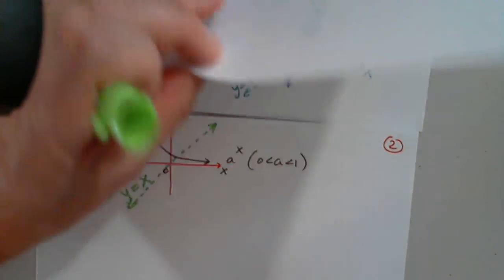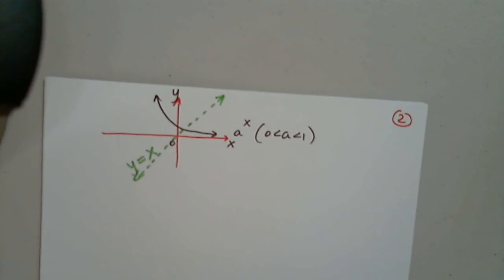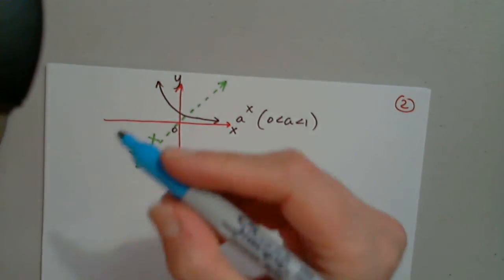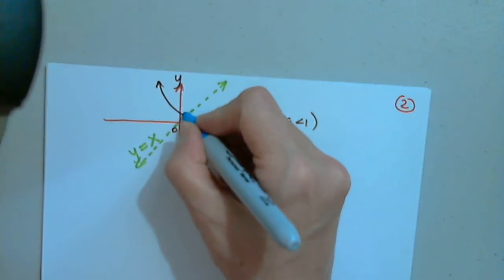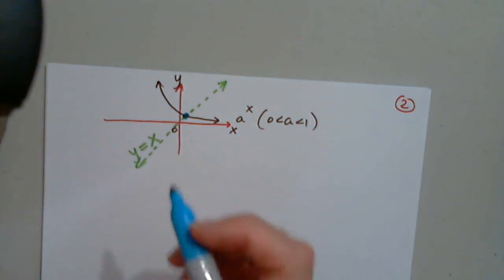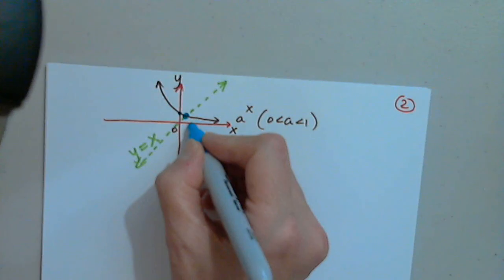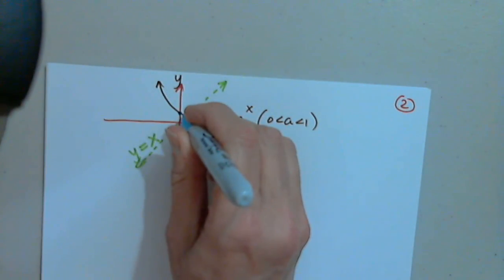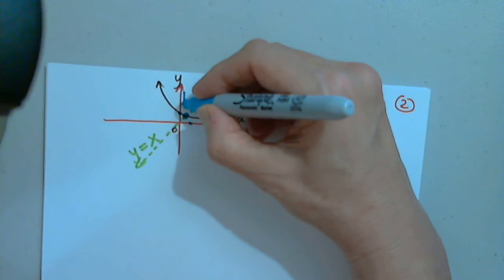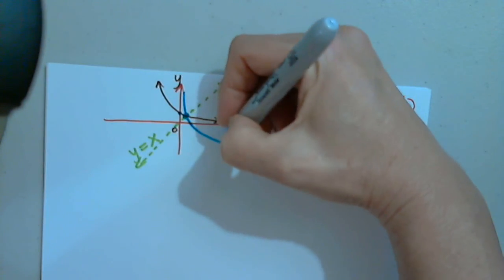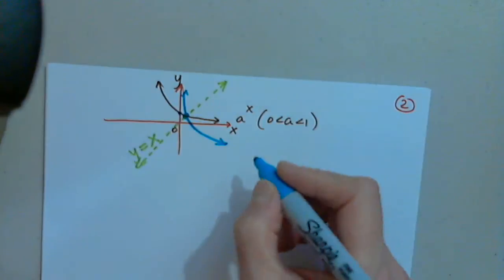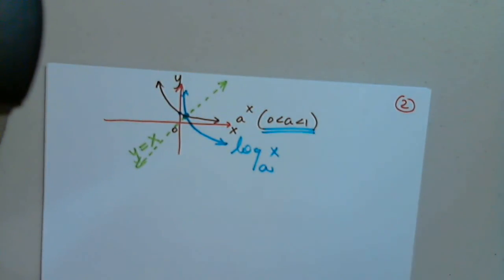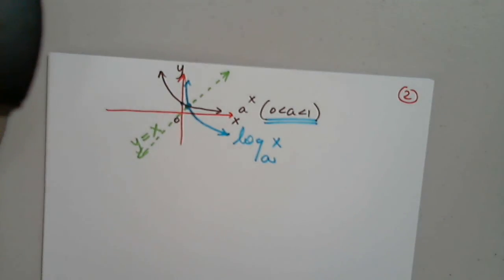And now I can draw the inverse function carefully, showing that this point does not move anywhere. This point is (0, 1), therefore this one must be (1, 0). And this, because it doesn't move anywhere, has to be part of both graphs. And this is log base a of x when a is a tiny positive number.